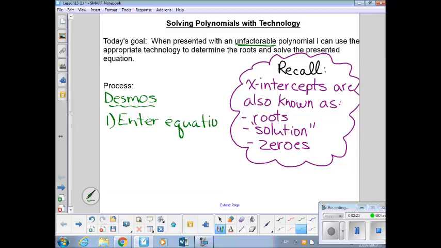And after we have that equation entered, we can either zoom in or out so that we can see the x-axis, because that's what we're interested in. We're after the x-intercept, so it makes sense that we want to be able to see the x-axis.